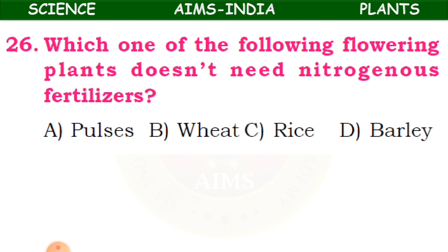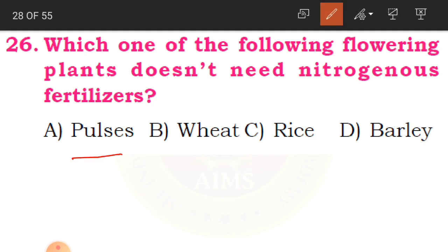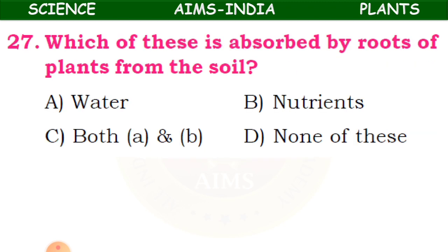But here we have some other flowering plants which do not need nitrogen as fertilizers. Whether they are pulses, wheat, rice or barley, the correct option is pulses. Okay children, pulses do not need nitrogen as fertilizers.